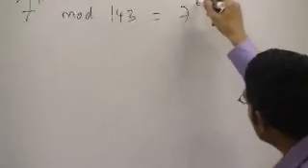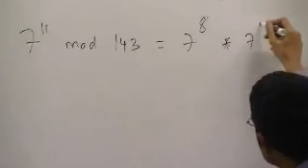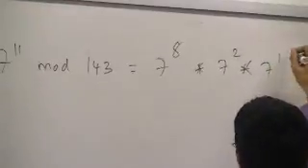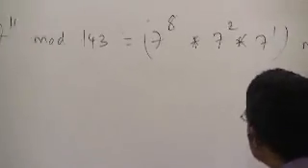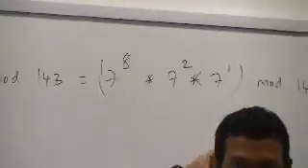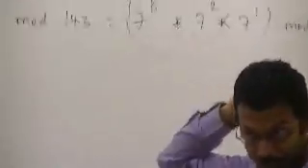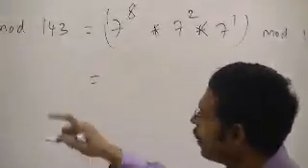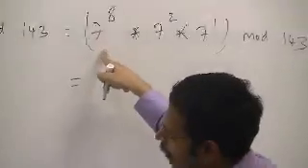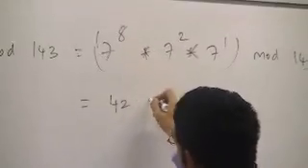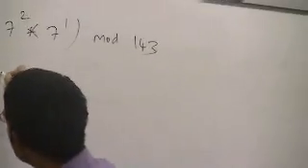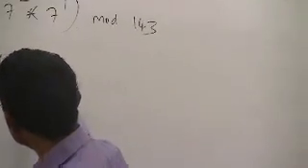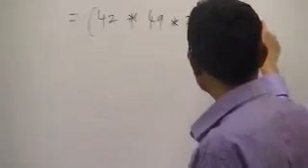So this is going to be 7 raised to 8 times 7 raised to 2 times 7 raised to 1 mod 143. Is that clear now? Yes, it's clear now. So we found each thing. 7 raised to 8 was 42, 7 squared is 49, 7 raised to 1 is 7, mod 143.